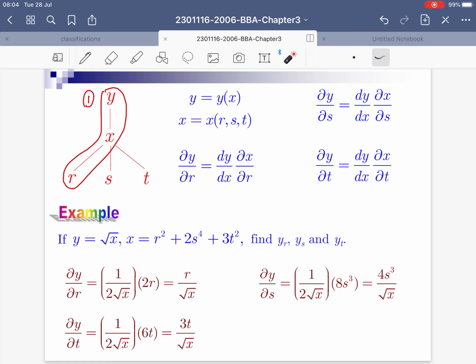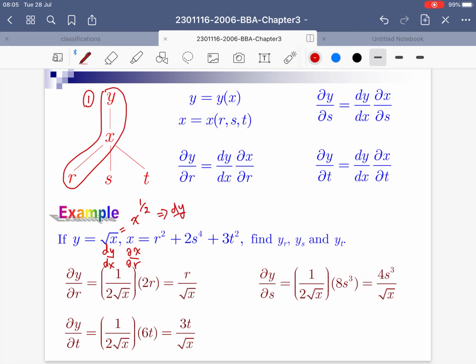So for example, if your y is the square root of x, but your x depends on r squared, 2s to the fourth, 3t squared, you can find dy by dr by using that formula, which is dy by dx and then dx by dr. Because your y is a square root, it is x to the power 1/2.